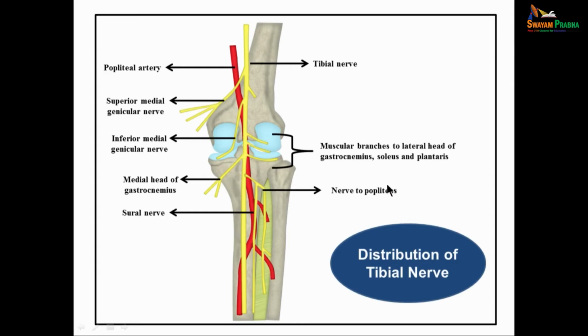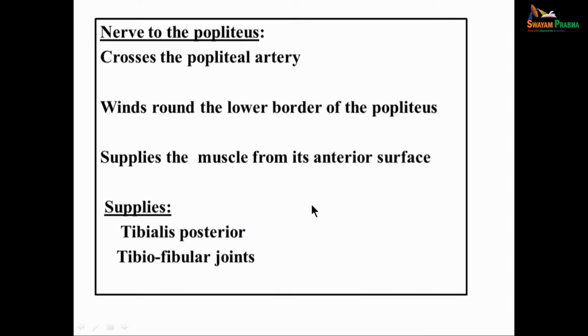The nerve to popliteus is a little interesting nerve. I will just briefly discuss the nerve to popliteus. The nerve to the popliteus crosses the popliteal artery. It winds round the lower border of the popliteus, then supplies the muscle from its anterior surface.